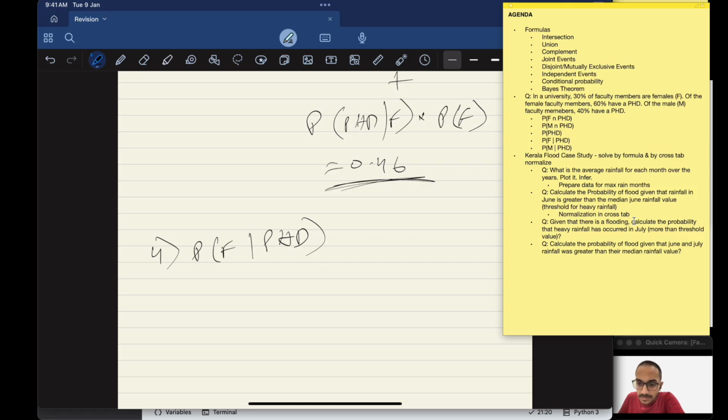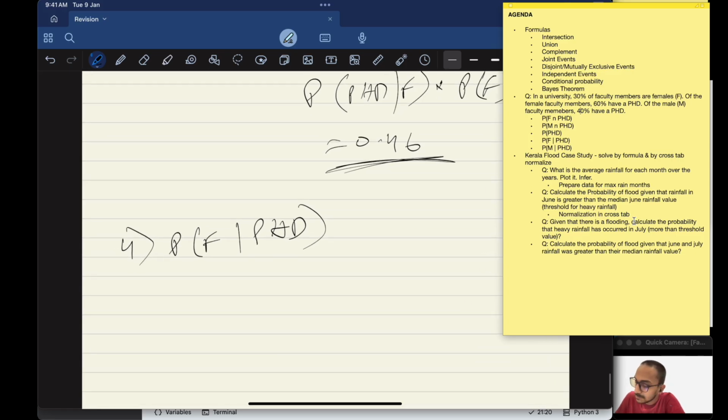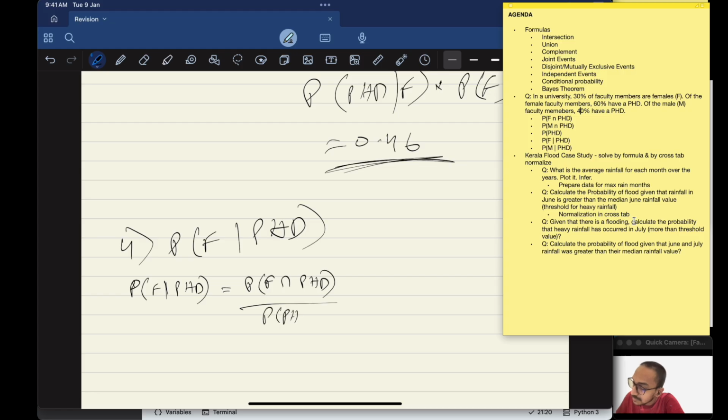So this one again, classic. We can use conditional probability or Bayes theorem, whatever is necessary based on the values we have. So we will do something like P of F given PhD equal to P of F intersection PhD over P of PhD.